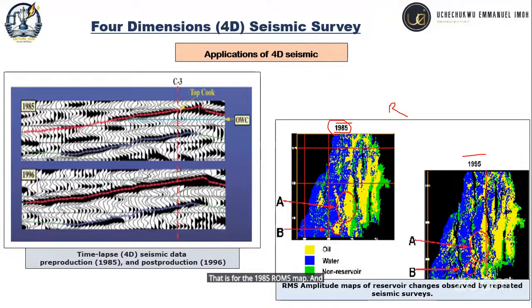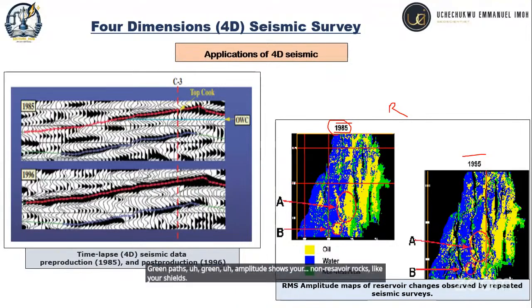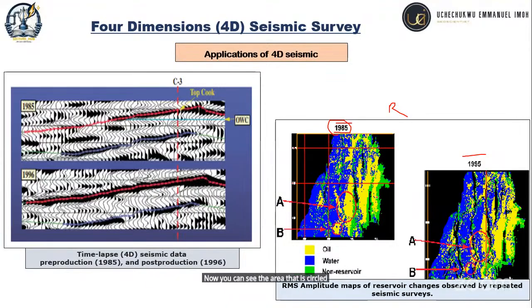The blue part shows your water, and the green amplitude shows your non-reservoir rocks like your shales. Now you can see the area that is circled. You see the distribution of oil within the reservoir. This is a reservoir top, within this reservoir top in 1985.